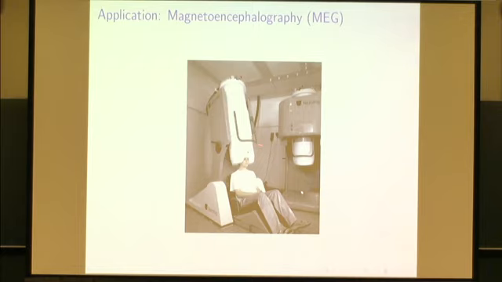The magnetic fields are of the order of 10 to the minus 15 Tesla, so femtotesla. They are several orders of magnitude smaller than, for instance, the magnetic field of the Earth. So you really are measuring something which requires a quantum device, or SQUID.